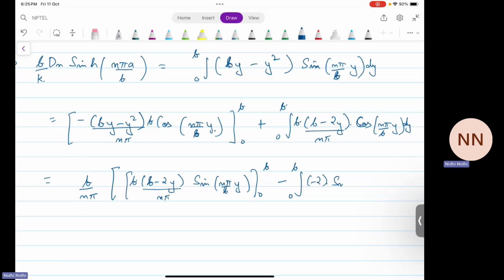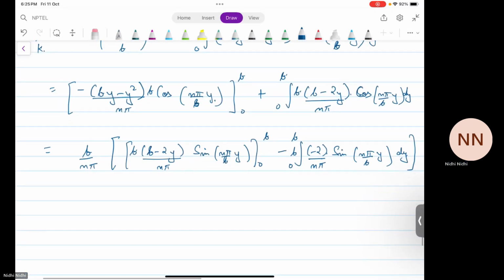Integration of cos is sine n pi by b y by n pi by b dy. Now since sine n pi is 0, sine 0 is 0, the first term again vanishes out. We are left with 2b square by n square pi square, and integration of sine is minus cos n pi y by b.